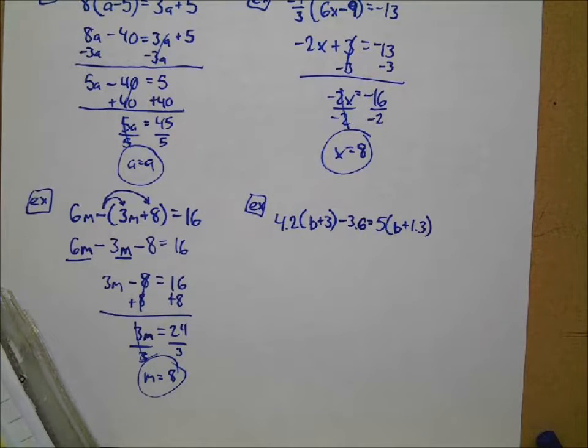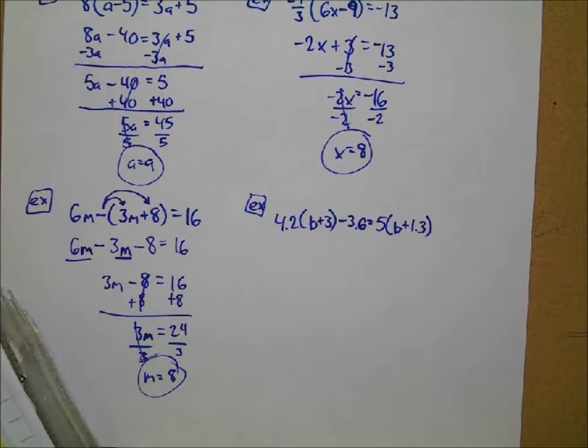So, 4.2 b. Yeah, just write it right underneath, because we have to write what it is. I think 4.2 times 3 is not 13. Recheck that.